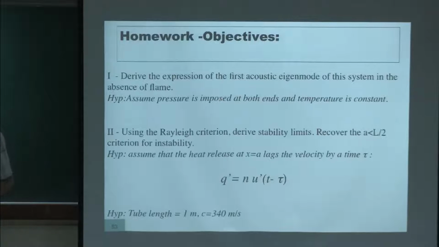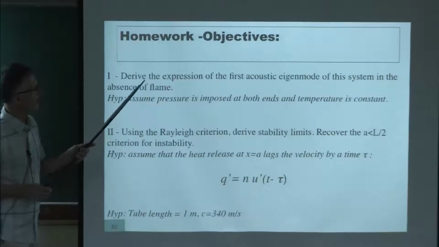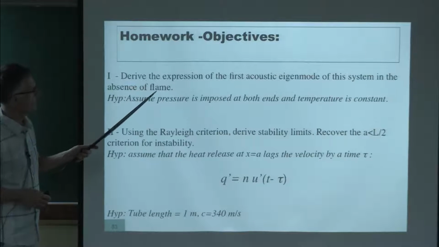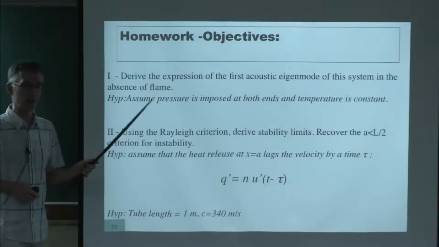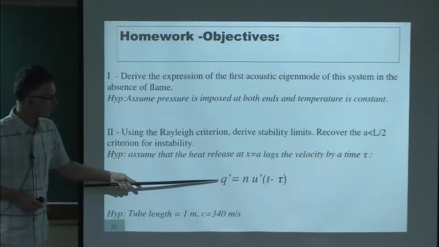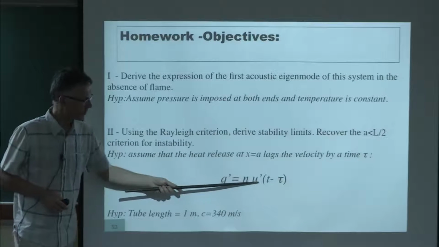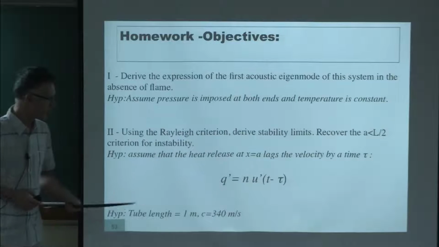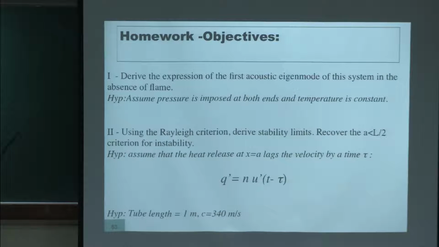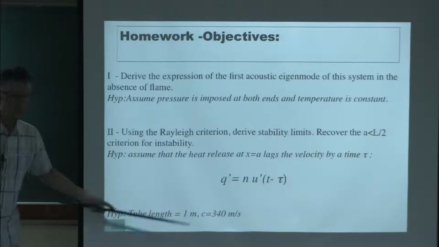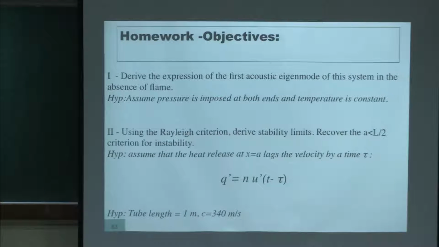So that's a homework. Normally, it could have been the control, actually. The problem here is to derive the expression of the first acoustic eigenmodes here. And then if you assume that heat is related to velocity in this way, to show when this tube will be stable or unstable. We're going to take a tube of 1 meter and a cold sound speed of 340 meters per second.